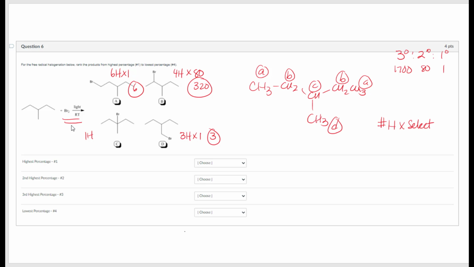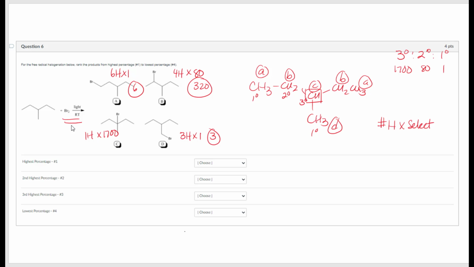And then finally that 1 hydrogen is attached to a tertiary carbon, C, and so that's going to give us 1700, as this is a tertiary hydrogen. This is a secondary, this is primary, and the CH3 is also primary.